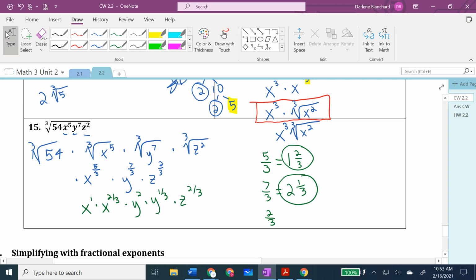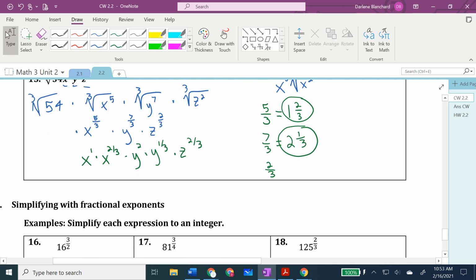But when I go to write it in simplified root form, I don't want to have a fractional exponent. I'm going to write x without writing the 1, and then cube root of x squared. Cube root of y, cube root of z squared.